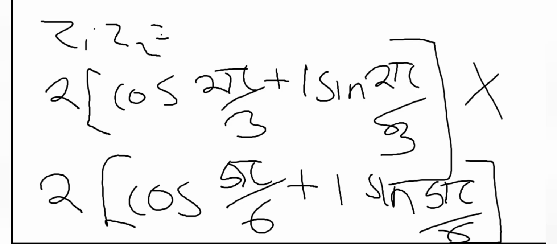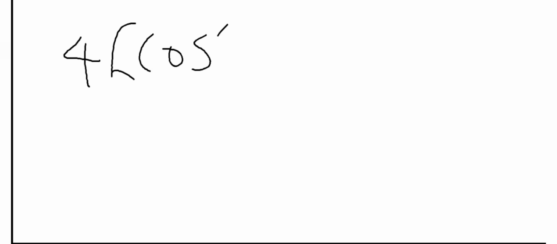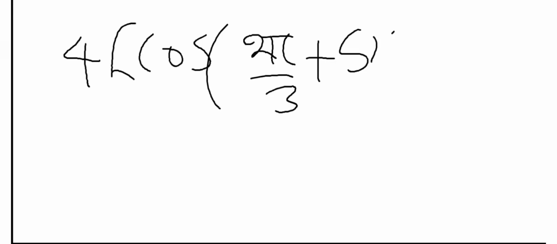So when you multiply this, you will get a 4 here. Remember the rules that I told you previously: 2 multiplied by 2 is 4, and the angles inside will add. Since you are multiplying, the angles add, but when you are dividing, they subtract.